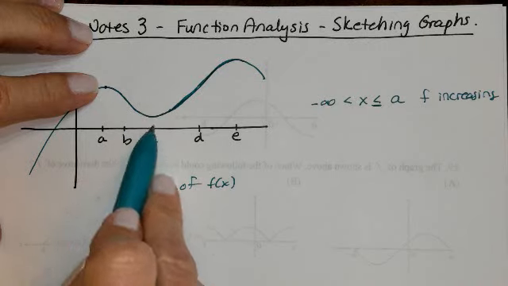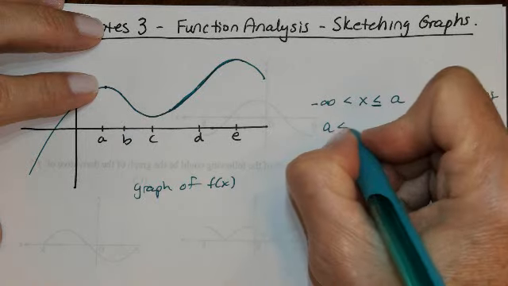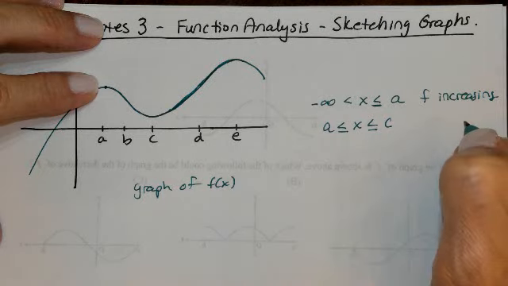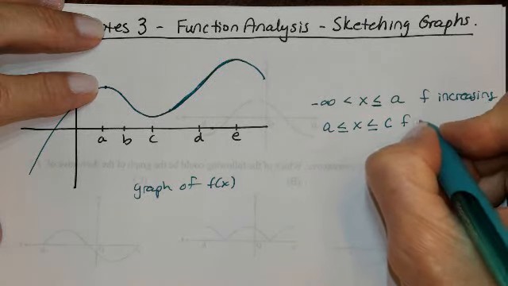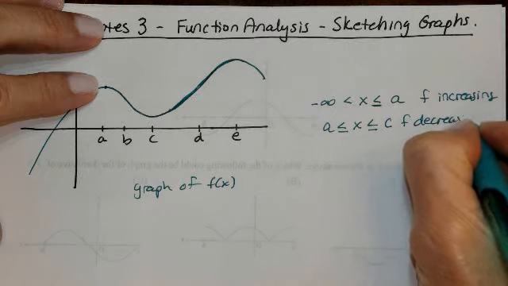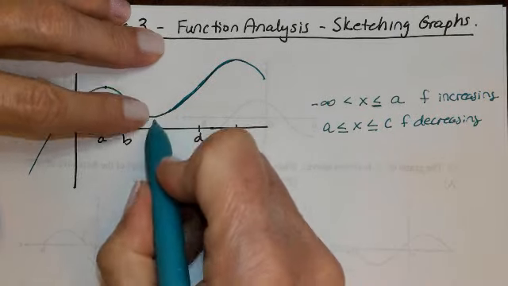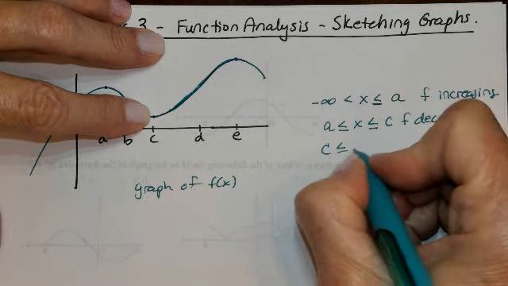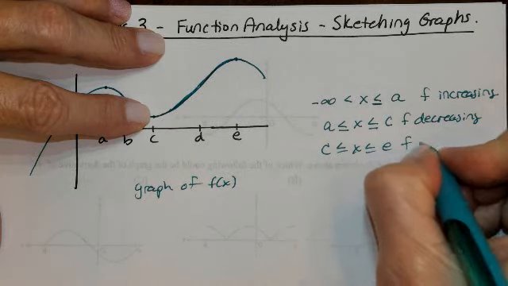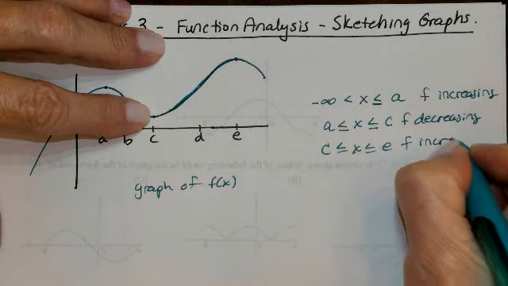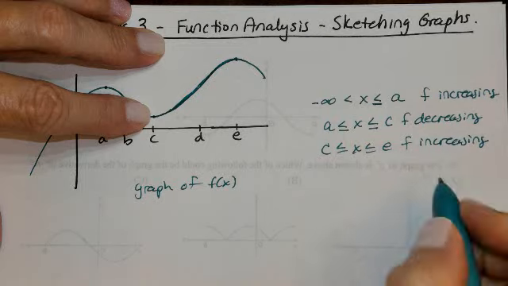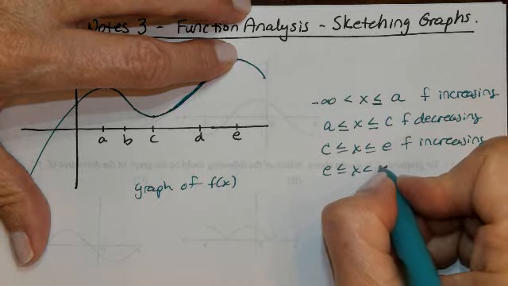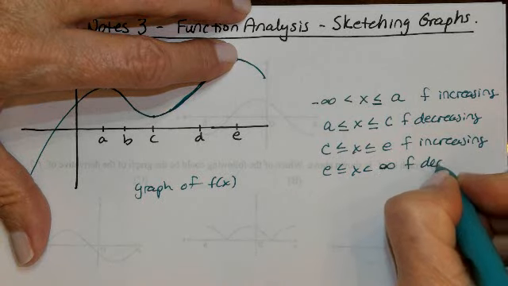So f is decreasing from a to c. Again, we include boundaries on increasing and decreasing. And then we increase again from c to e, and then from e to infinity, f would be decreasing.